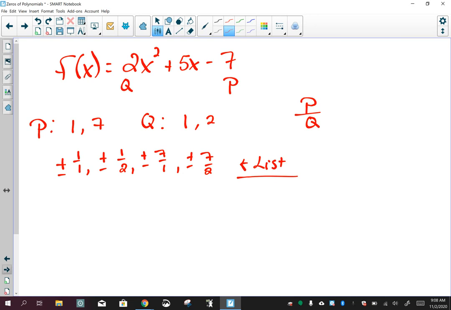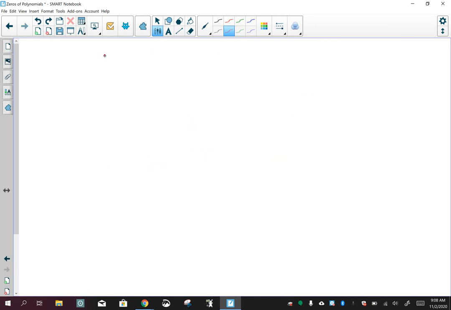Let's try one more. f of x is equal to 3x to the third plus 6x squared minus 5x plus 12. That's got some pretty good numbers to it.